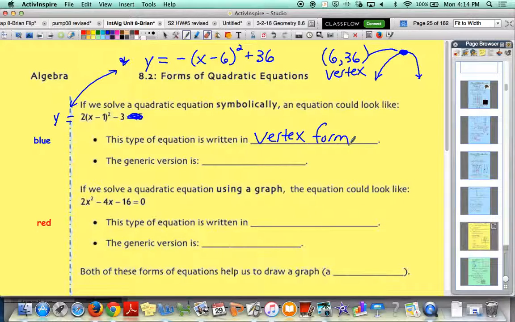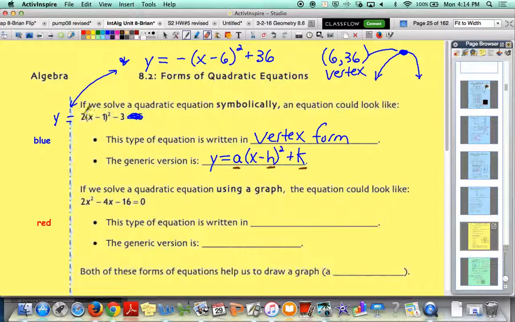The generic version of that, I'm going to put some other variables in here. So we're going to say y equals a times (x minus h) squared plus k. The letters a, h, and k will be numbers when we actually write out the equation.